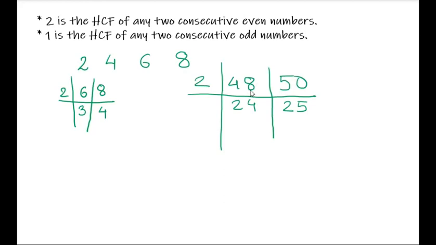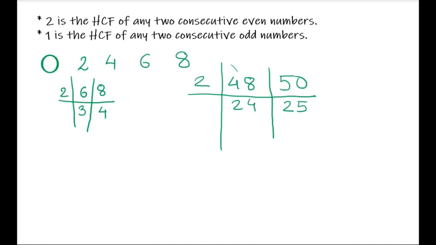Because you can see at the units place there will be 2, 4, 6, 8 and 0. Even numbers are what? 0, 2, 4, 6, 8. These numbers are divisible by 2, and thus even numbers will also be divisible by 2 and their HCF will be 2.